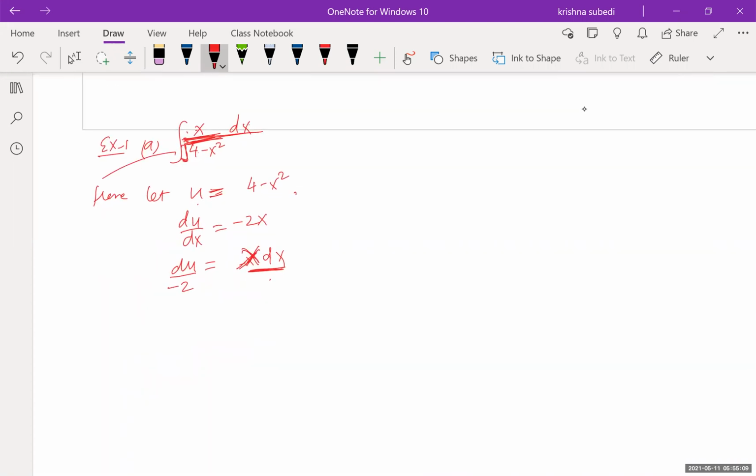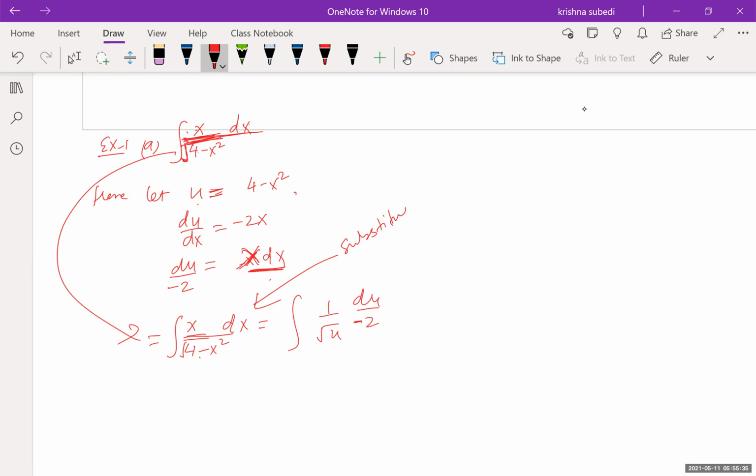So if I substitute the value, what I'm going to get is the integral of x over square root of 4 minus x squared dx is going to be: x dx is negative du over 2, and this guy is 1 over square root of u. So we substitute or replace all x and dx by u and du.